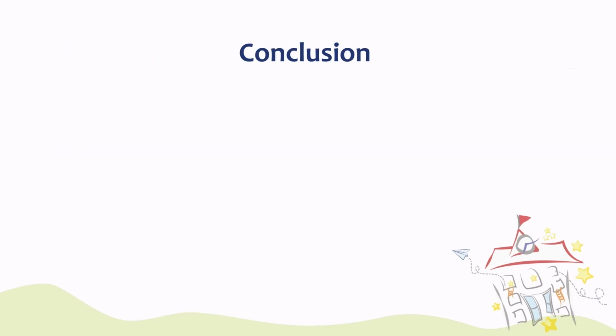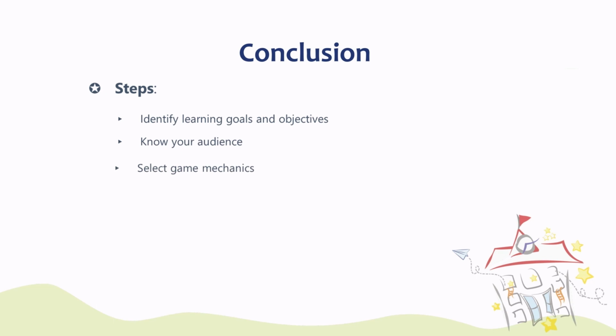Finally, in this video we see the 6 steps to go through in the process of developing gamification for learning situations, namely identifying learning goals and objectives, knowing your audience, selecting game mechanics, determining difficulty and challenge, providing feedback and rewards, and iteration and improvement.